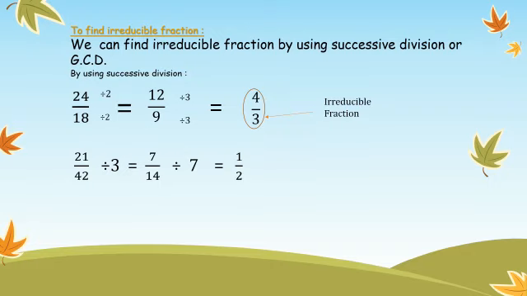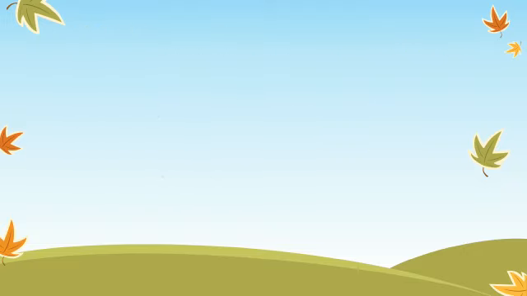So we must take the number 7 to get a common divisor. So 7 divided by 7 is equal to 1, and 14 divided by 7 is equal to 2. Then 1 over 2 is the irreducible fraction.